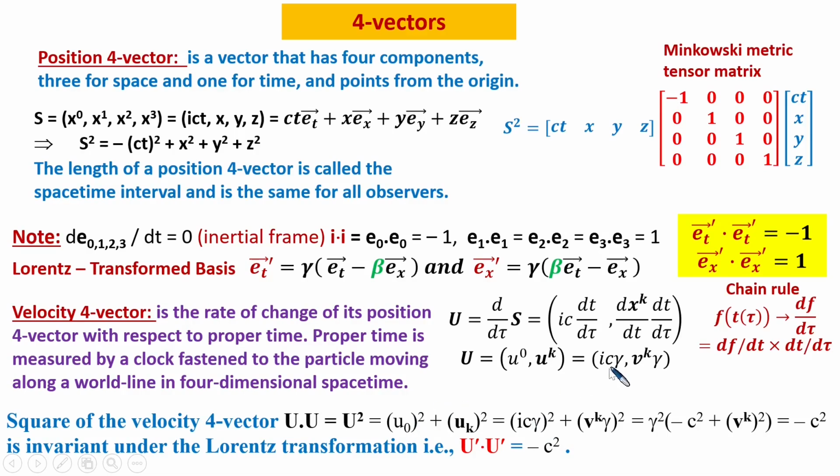If we put ic gamma in u0 and the given uk, we get gamma squared common, and I get minus c squared plus vk squared. If I take minus c squared outside, I get 1 minus v squared by c squared, which is 1 minus beta squared, the reciprocal of gamma squared. So gamma squared cancels, and the minus c squared which I have taken out remains. Similarly, this velocity 4 vector is invariant under Lorentz transform, that is, u prime dot u prime is also equal to minus c squared.